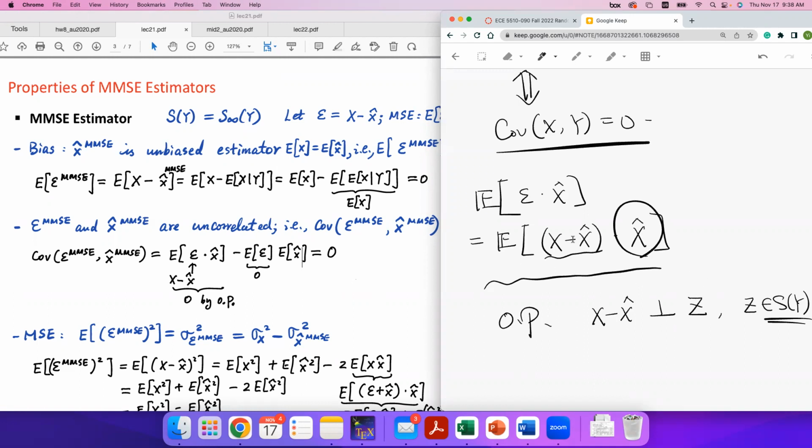So by the orthogonality, this term, if we write it using the vector space notation that we introduced last time, is the dot product between this one and x hat. So by the orthogonality principle, these two must be orthogonal, so their dot product must be 0.